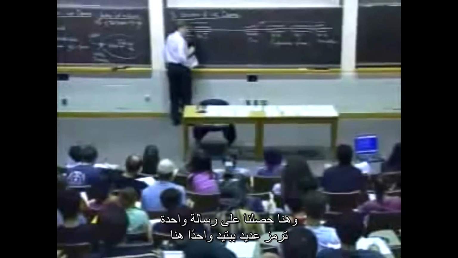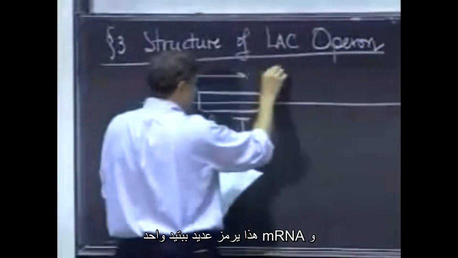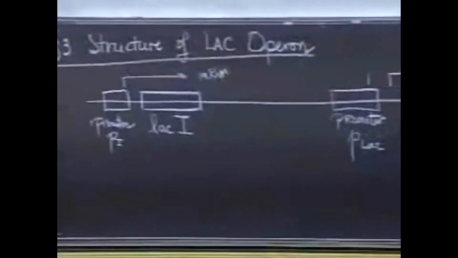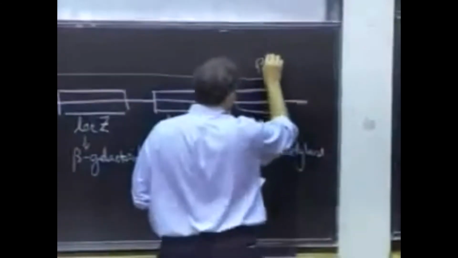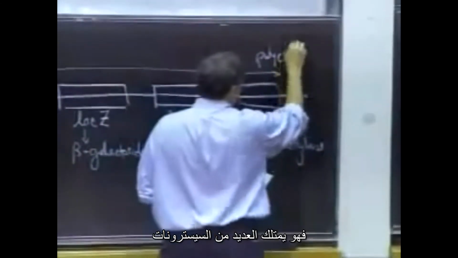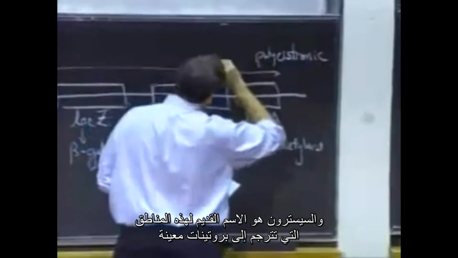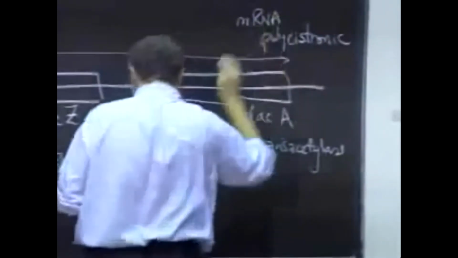So we get here one message encoding one polypeptide. This mRNA encodes one polypeptide. It is monocistronic. This one here is a polycistronic message. It has multiple cistrons, which was the dusty old name for these regions that were translated into distinct proteins. And so that's that mRNA.